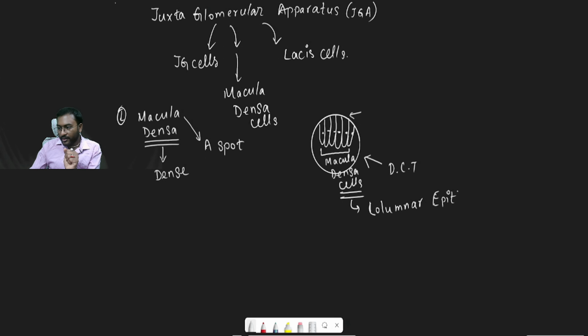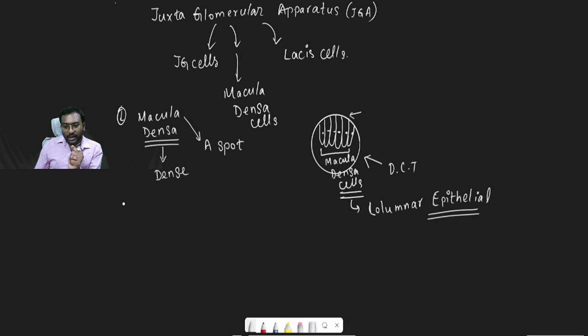Okay, if we observe this kind of cell in animal tissue, this is columnar epithelial tissue in nature. Okay, so this is the columnar epithelial cell.